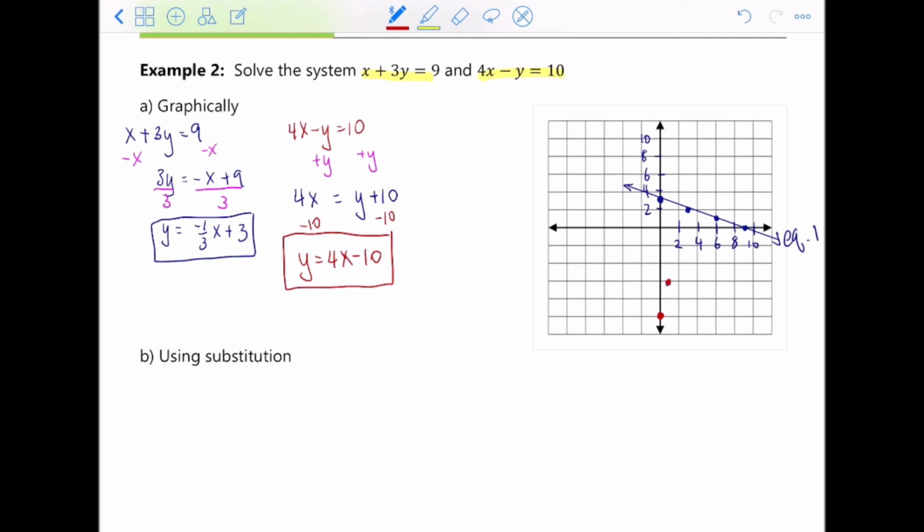Up by 4, 1 to the right, and so on. Just like that. And you connect the points. And we can see that there's an intersection right here. And this is the solution set, 3 and 2.